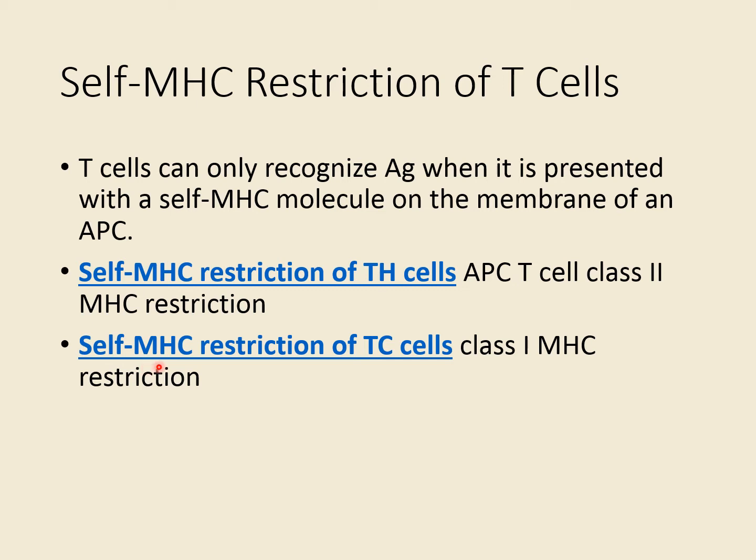And self-MHC restriction of T cytotoxic cells means the T cytotoxic cell will only be activated when an MHC class I molecule carrying an antigenic peptide on an APC is presented.